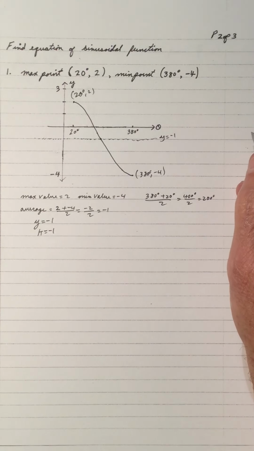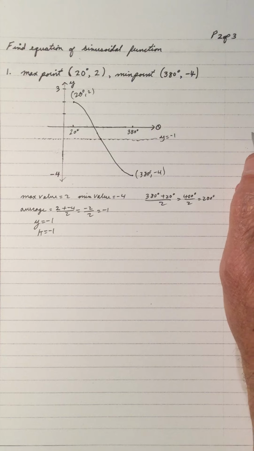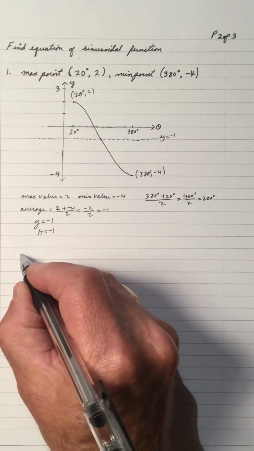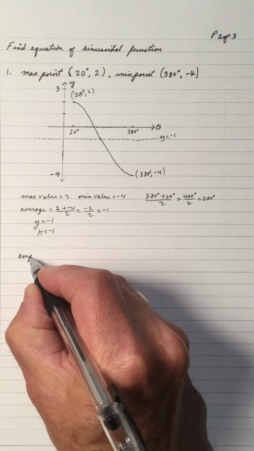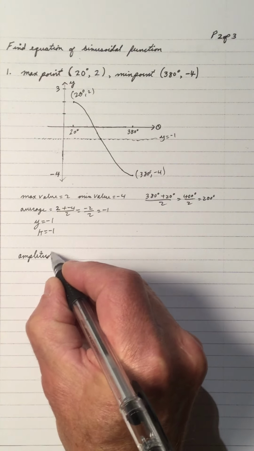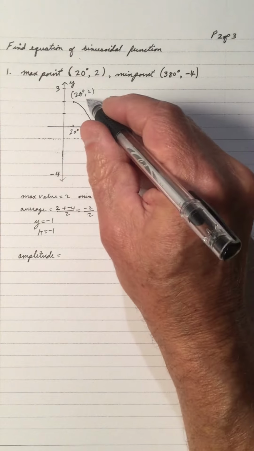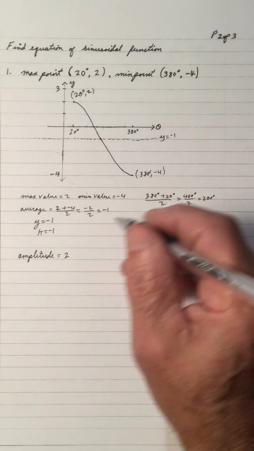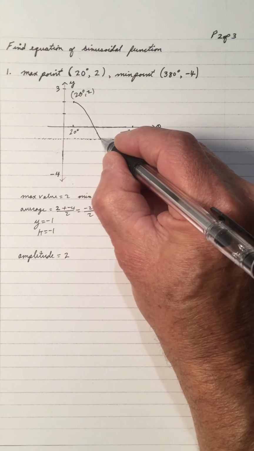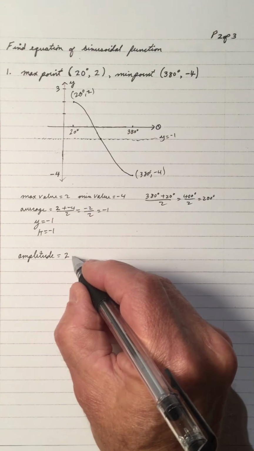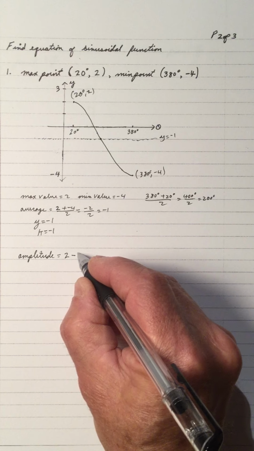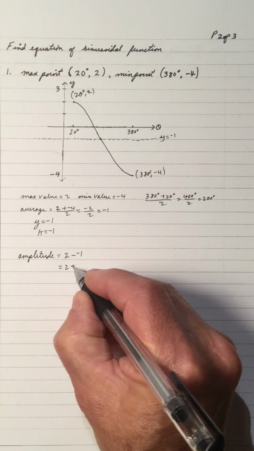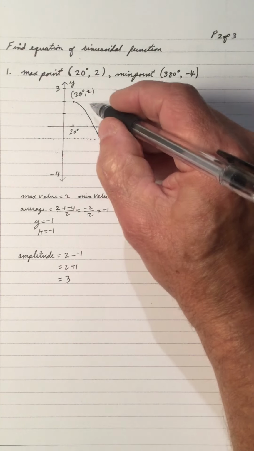So notice that based on that we have an amplitude. The maximum is 2, and the sinusoidal axis is negative 1. So the amplitude is 2 subtract negative 1, the difference is 2 plus 1. The amplitude is 3.